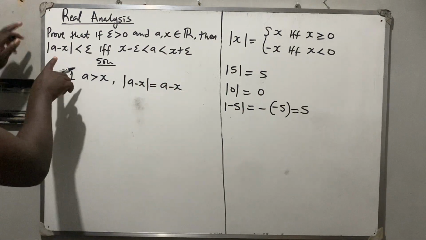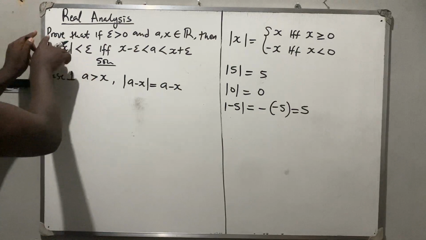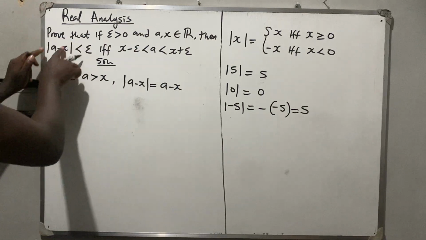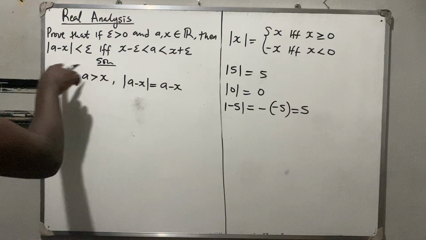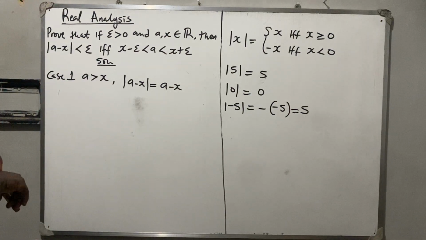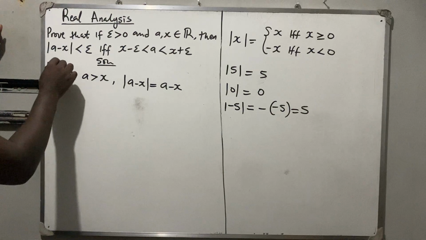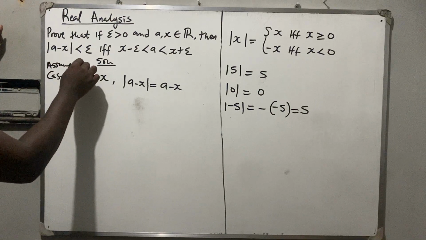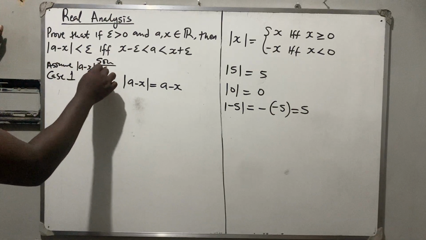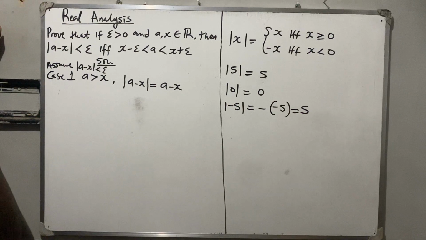Okay, and then from here, the first one is that we assume that the absolute value of a minus x is less than epsilon. That is our assumption.